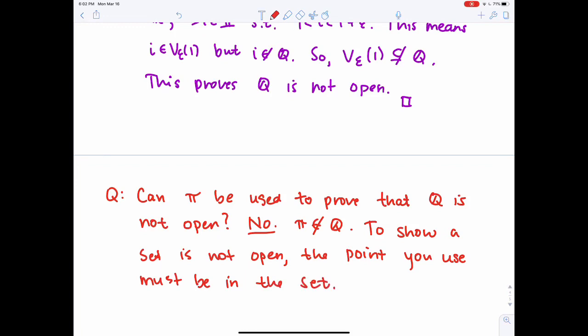We're trying to show that every point in the set has an epsilon neighborhood. And if you can't do that, it's because there's a point you find from your set that has no epsilon neighborhood. And that's how you would prove that a set is not open. So here we're not going to use pi or any other irrational number simply because we're trying to look at whether or not Q is open, which means we only consider points in Q when asking that question.